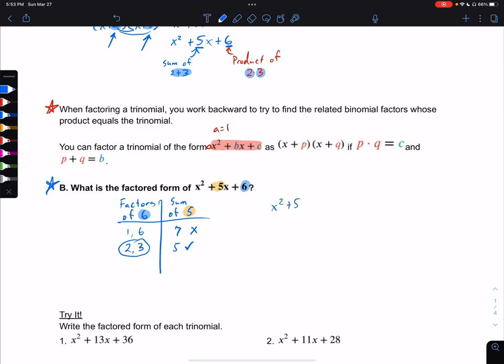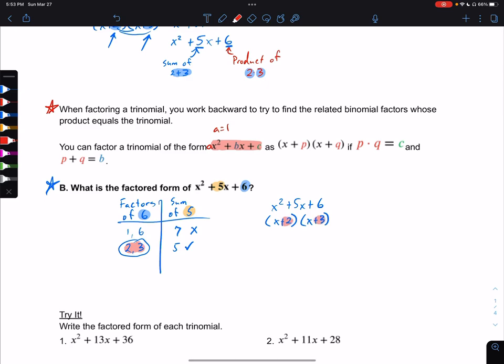So x squared plus 5x plus 6 would become x plus 2 times x plus 3. And these two factors here are what we plug in here.